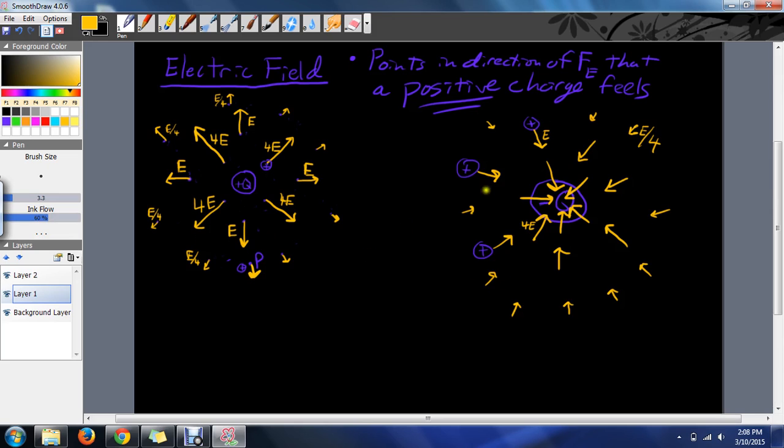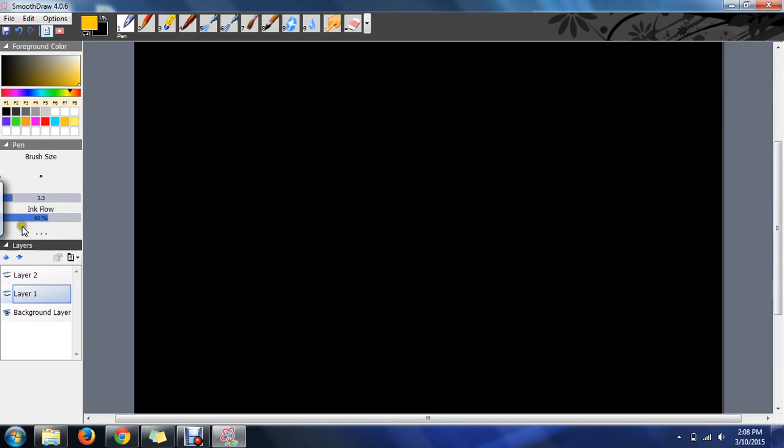Okay, that's the first concept. Now let's bring some math into it. So let's say that I have a point A, and at point A, the electric field points to the right and has a value of 40 newtons per coulomb.